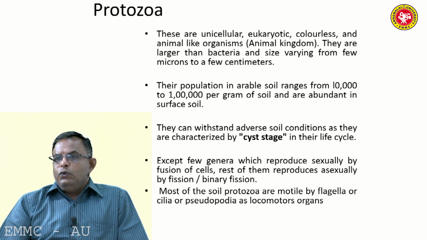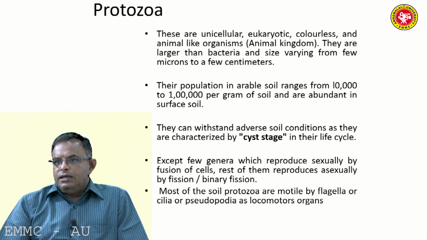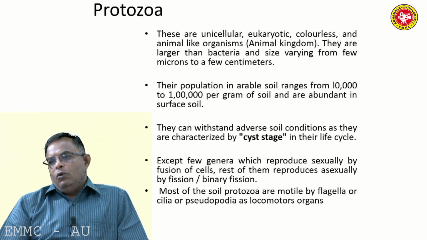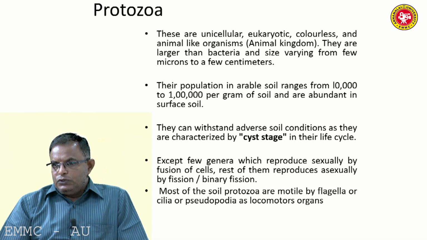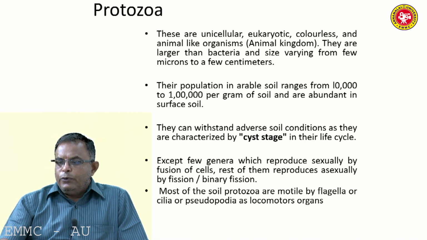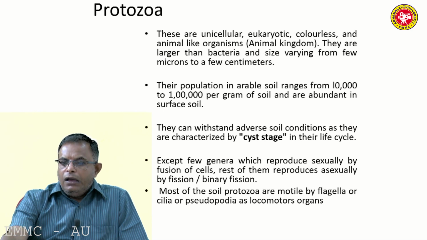Except a few genera which reproduce sexually by fusion of cells, the rest reproduce asexually by fission and binary fission. Most soil protozoa are motile by flagella, cilia or pseudopodia as locomotor organs.